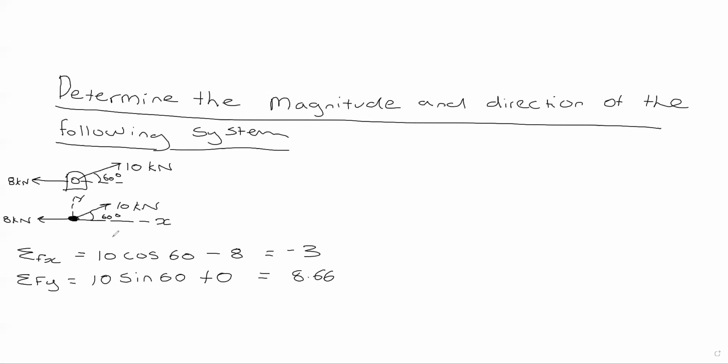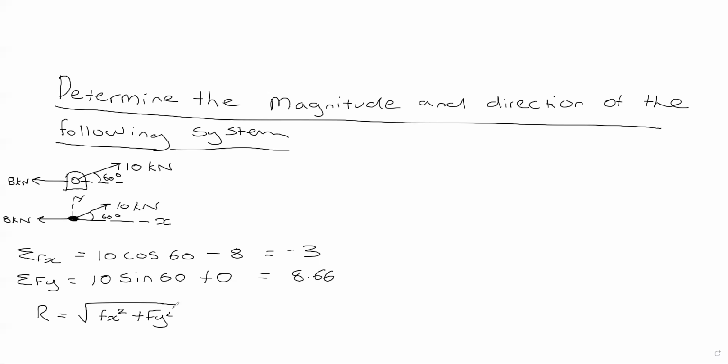So that's fine. And then in order to work out the resultant force, there is a formula that you would use. The resultant equals the square root of the sum of the forces in the X direction squared plus Fy squared.